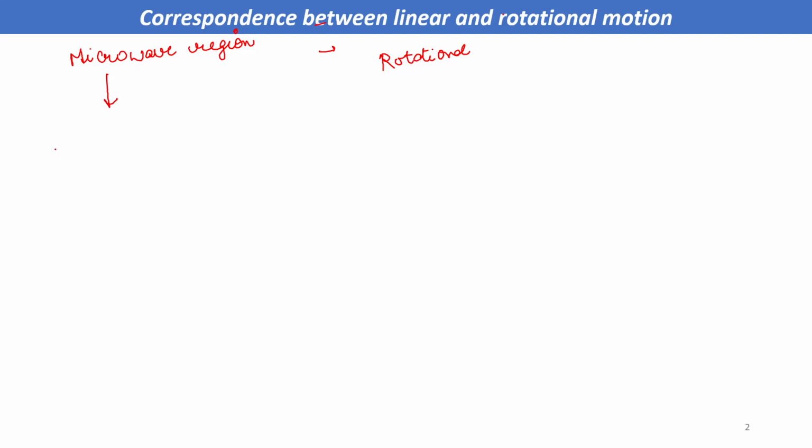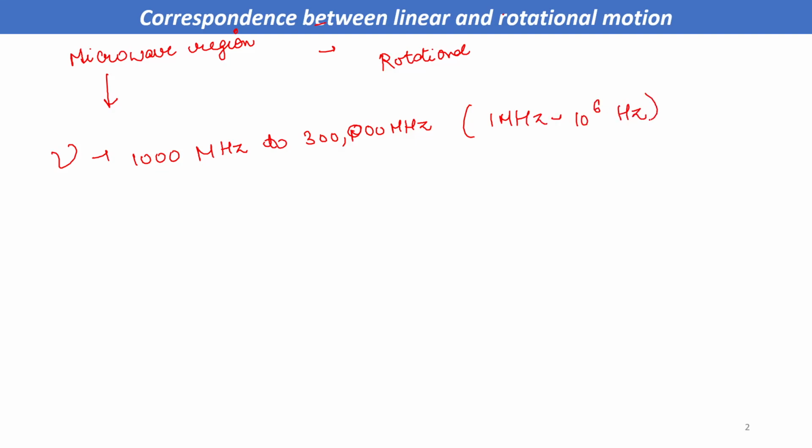And in the microwave region, what is the frequency range? It is generally 1000 megahertz to 300,000 megahertz. And we know that 1 megahertz corresponds to 10 raised to the 6 hertz. So now in the rotational motion, we know it is in the microwave region and the frequency is 1000 megahertz to 300,000 megahertz.